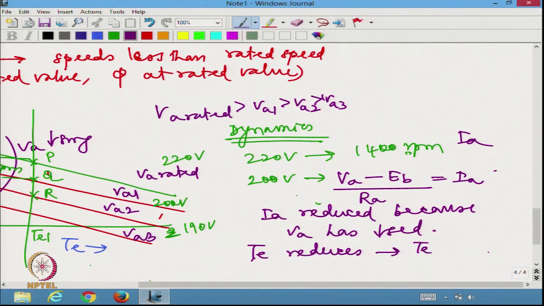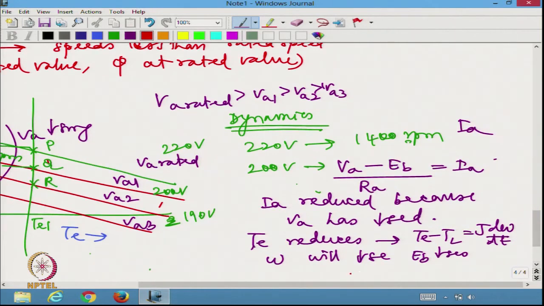So, TE minus TL, which is J d omega by dt, so omega will decrease. Because omega decreases, I will have essentially EB decreases. So, IA will be restored to its original value, right.